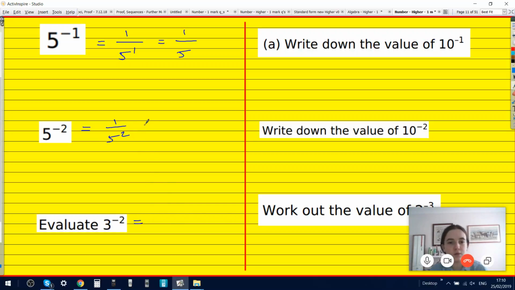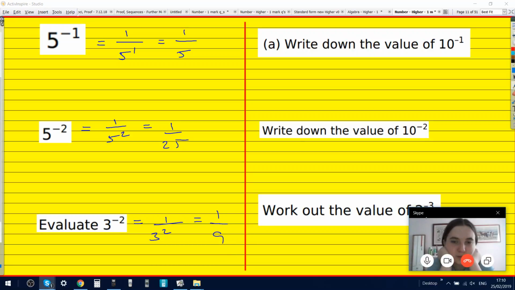Oh, hang on. What is 1 over? Simplify that. 1 over 25. Yeah. This one? 1 over 3 squared. 1 over 9.